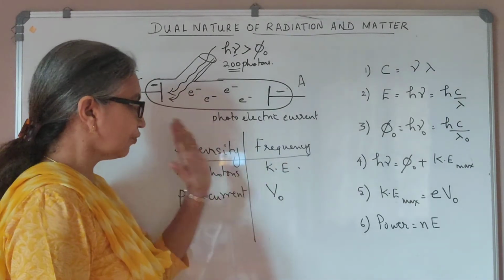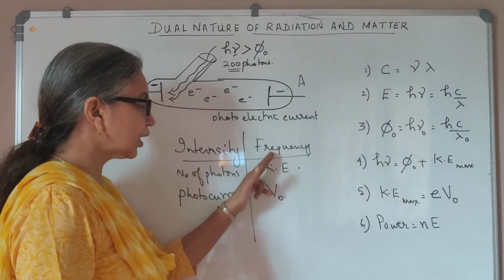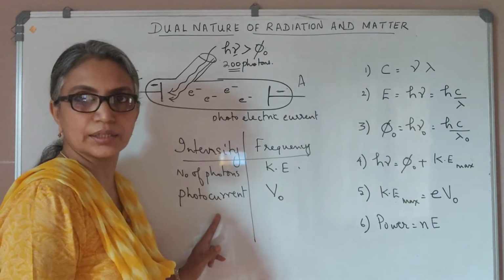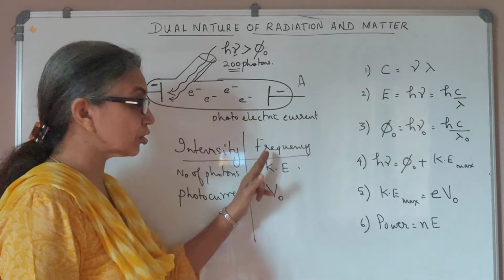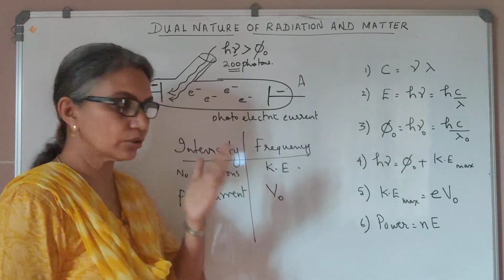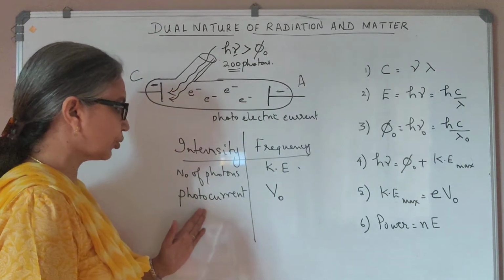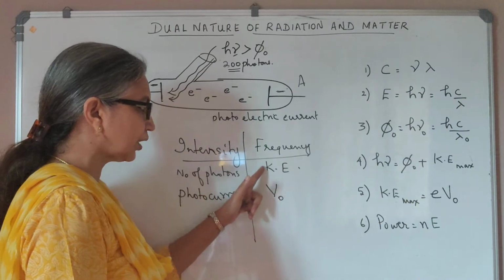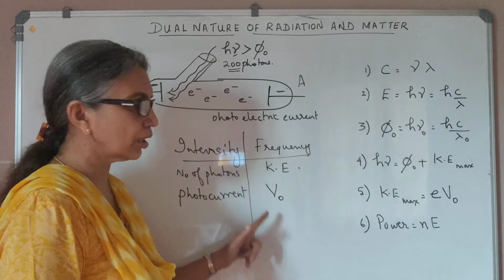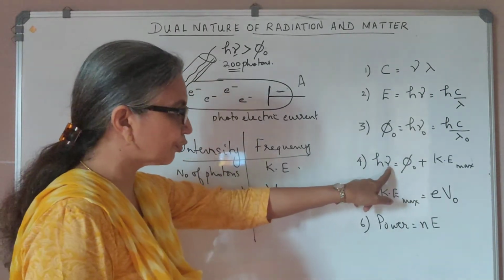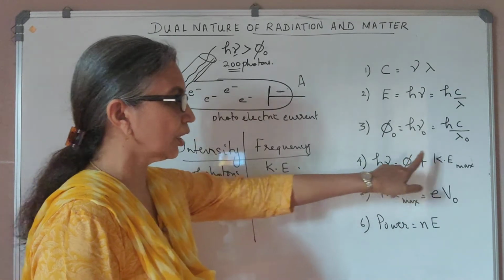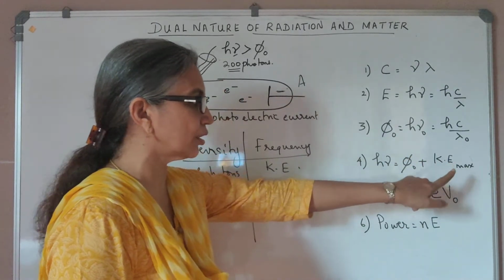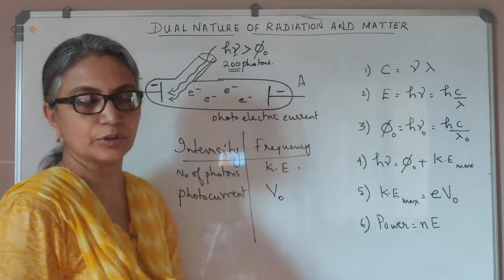So you need to know very clearly that the frequency has no effect on the photoelectric current, because frequency cannot change the number of photons. And change in intensity does not affect the kinetic energy or the stopping potential, because it is only the frequency of the incident radiation that is changing the kinetic energy and therefore the stopping potential.